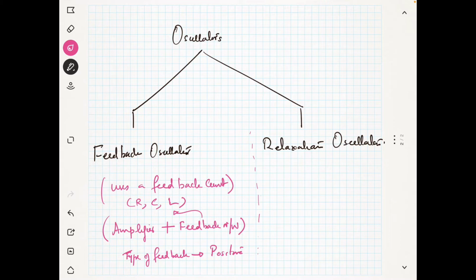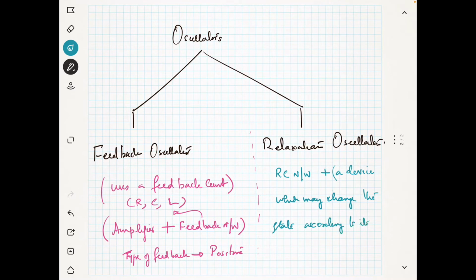Now what about the relaxation oscillator? This relaxation oscillator usually contains an RC network plus a device which may change its state according to its input.